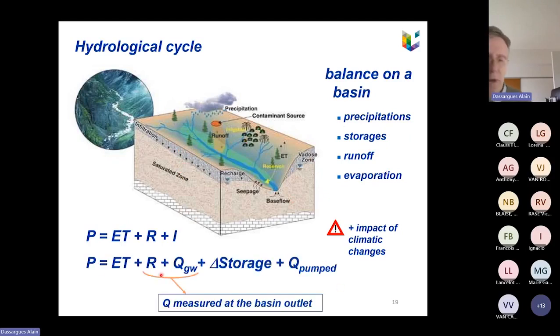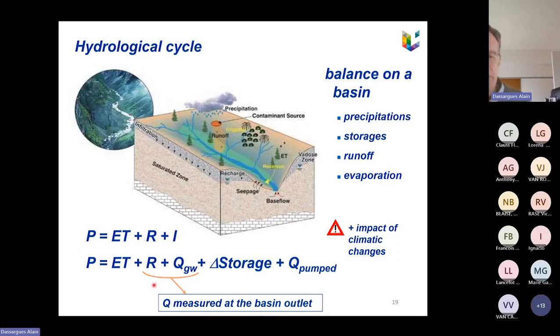And in fact, if we are looking more in practice, it is very difficult to measure infiltration. It is very difficult to measure runoff. So what we are measuring very often is the flow rate at a given point of the river.